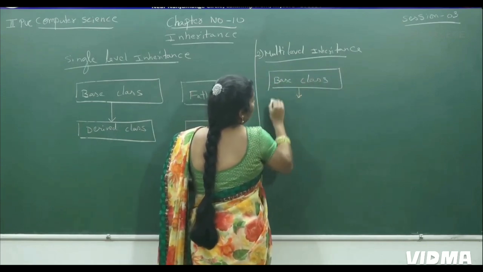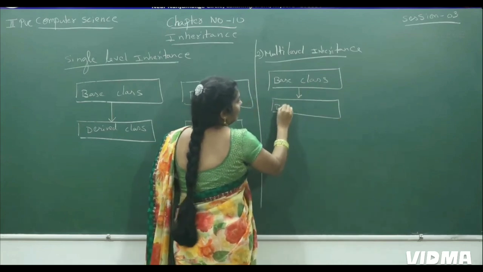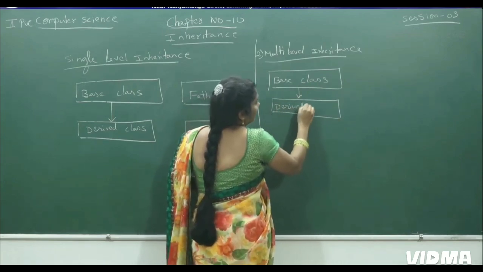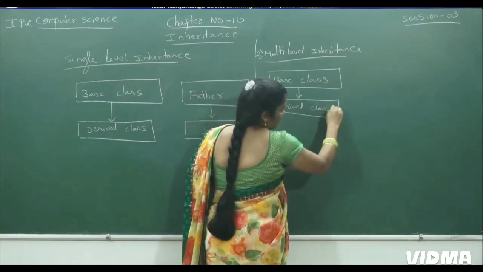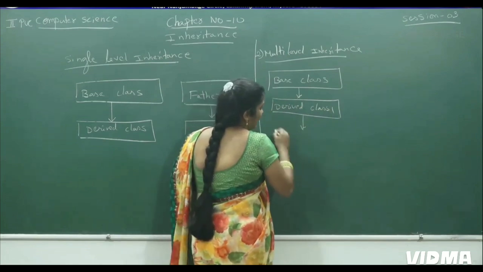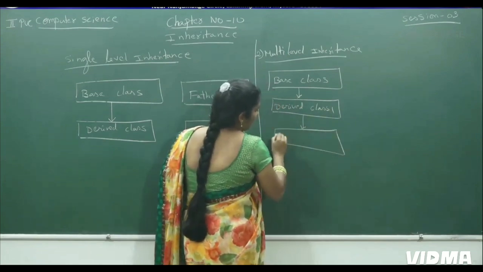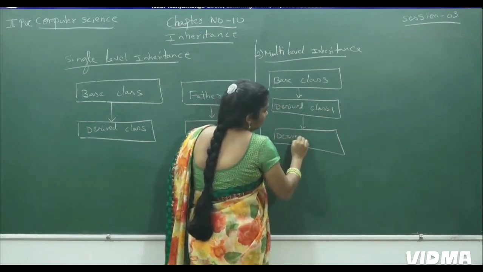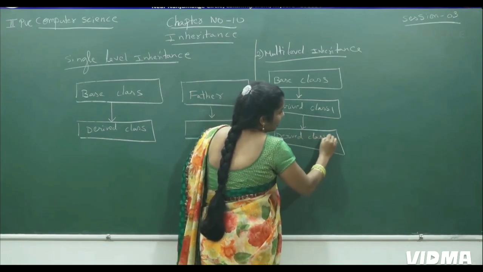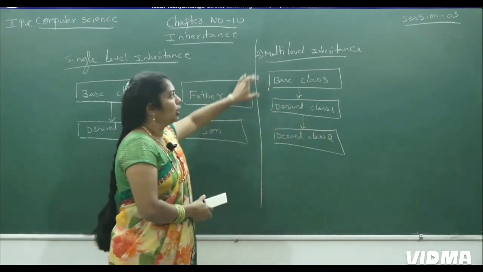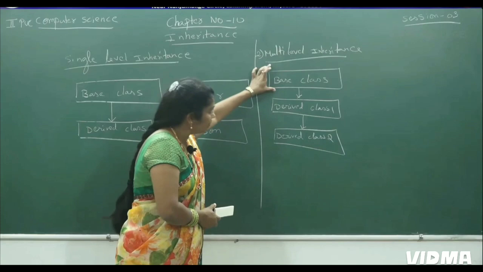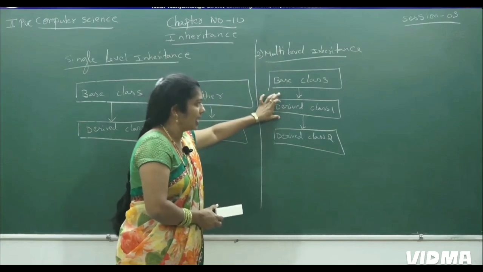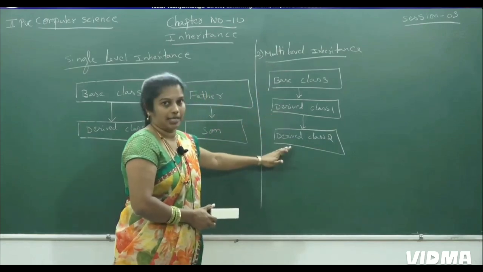From that, one more derived class, derived class 1. And from this, once again we have one more derived class, derived class 2. Only one base class is there. From that base class comes one derived class, class 1, and then class 2.